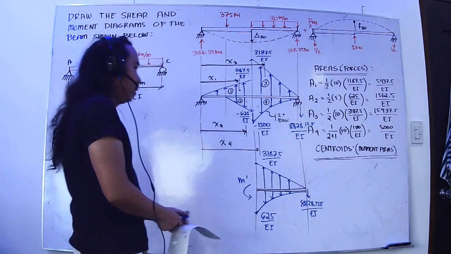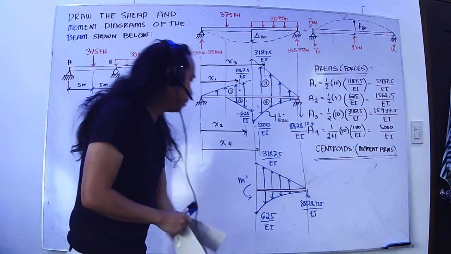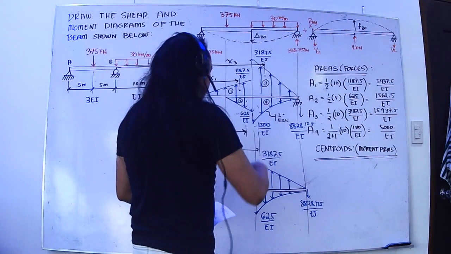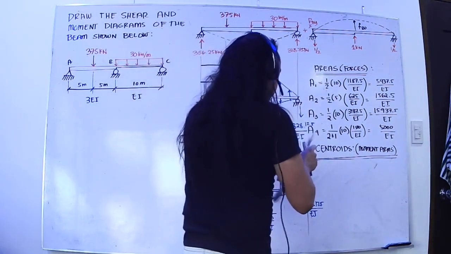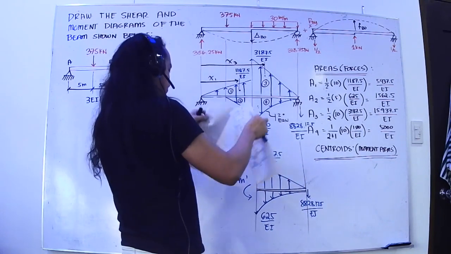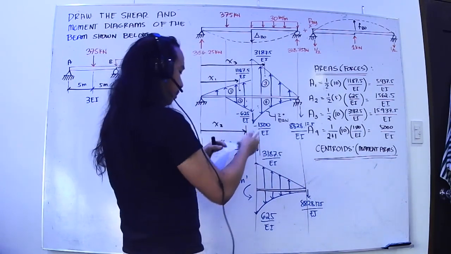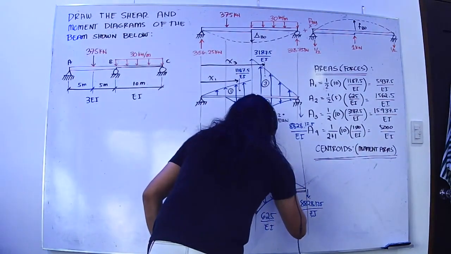Okay. So this, I made a separate free body diagram so I won't get confused. Now, let's look at the centroids of this portion. We have 3 and 4 to work on.